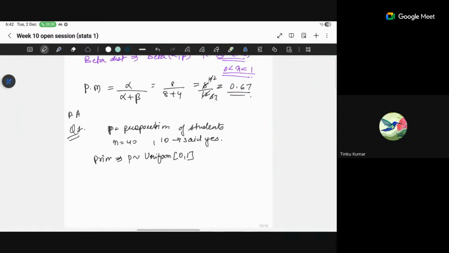Now, this n is actually my samples. Let's suppose x1, x2 till x40 are my samples. So this will be following this distribution: Bernoulli, with p as a parameter. Yes or no?